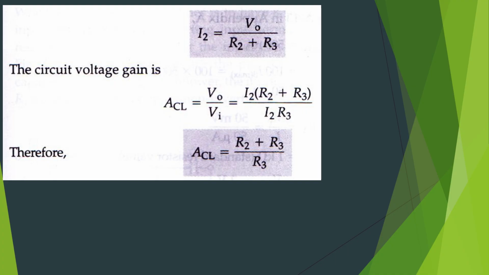The circuit voltage gain is ACL equal to V0 by VI. So V0 is I2 into R2 plus R3, divided by VA, which is I2 into R3. So I2 gets cancelled. Therefore, ACL, the closed loop gain, equal to R2 plus R3 divided by R3.